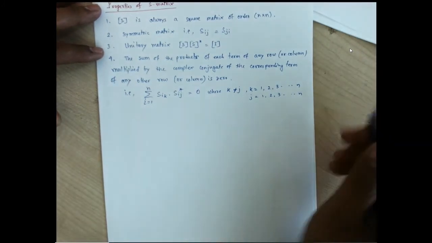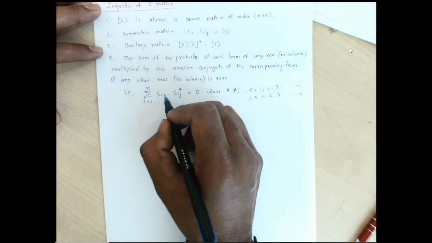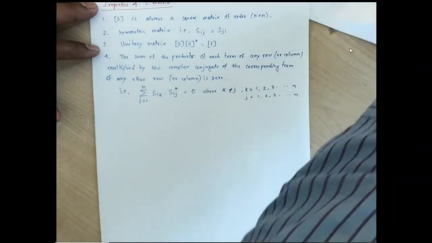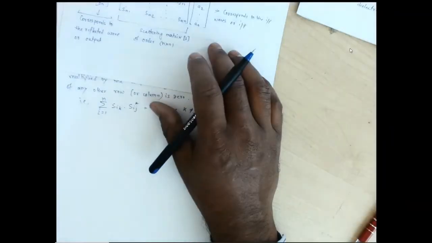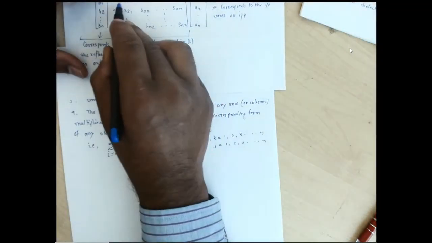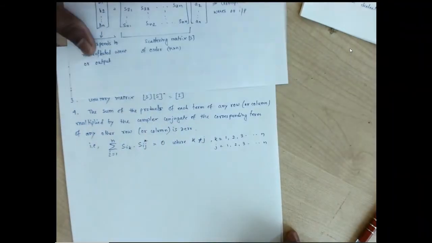So the sum of the product of each term of any row or column. So let us consider, if this is our S matrix, the sum of the product of each term of any row. Let us consider this first row.